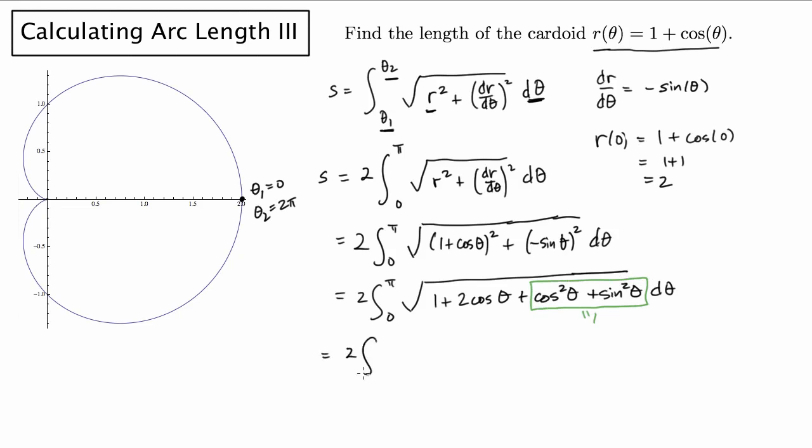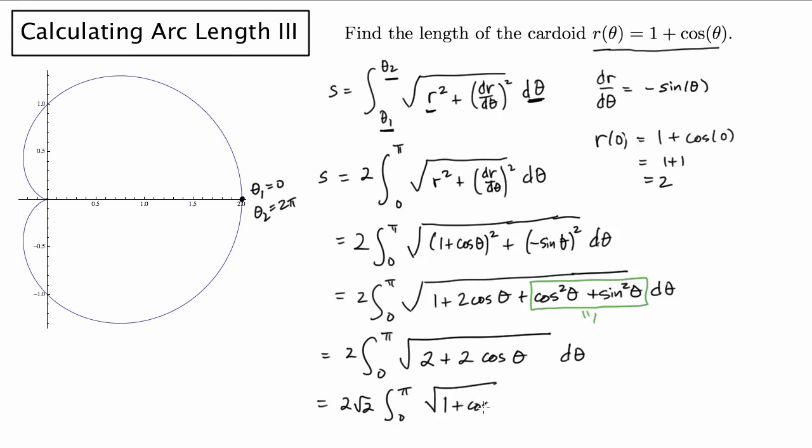If we do that, we get the following. You've got a 1 here and you're going to get a 1 there, so it'll be the square root of 2 plus 2 cosine theta, d theta. And I'm going to go ahead and factor out the 2. If I do, that factors out as a root 2. And I'm left with the square root of 1 plus cosine theta.